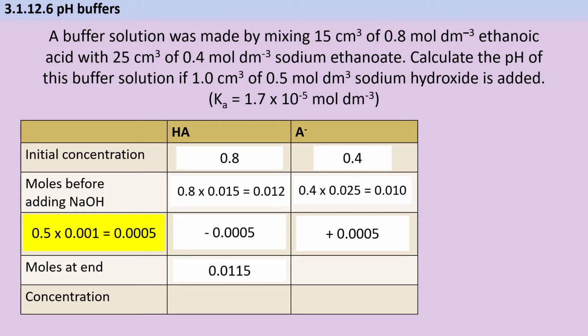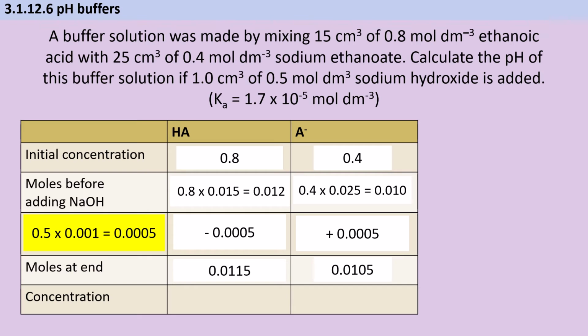So I've now got 0.0115 moles of ethanoic acid, and I've got 0.0105 moles of the anion. Now, in order to use these in my Ka expression, I don't want moles, I want concentration. So to work out the concentration, it's really important that I'm using the total volume.